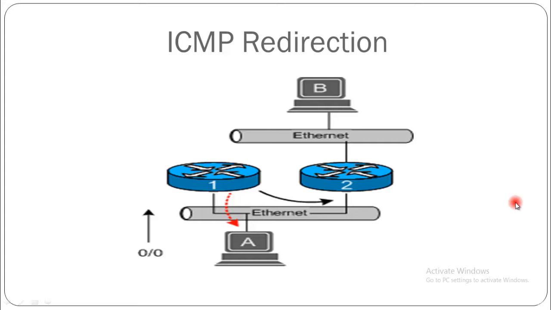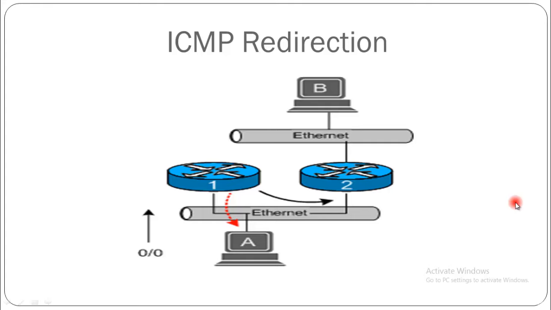That's why it will ask you to send it through a different gateway. So in theory, a host with multiple gateways could have one default route and learn more about optimal specific routes over time by way of ICMP redirect. So let's consider the following diagram.